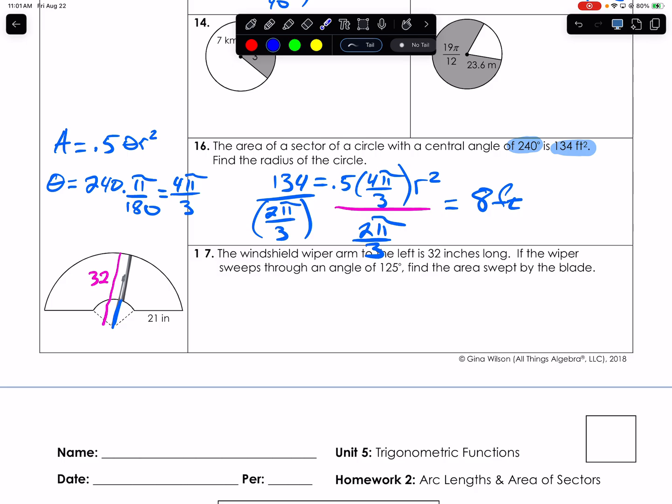What do we have to do with that 125 right away? Pi over 180, right? Should be getting used to that by now. So when we do that, 125 times pi over 180 is 25 pi over 36. Divide top and bottom by 5. Okay, so what is this blue distance right here?